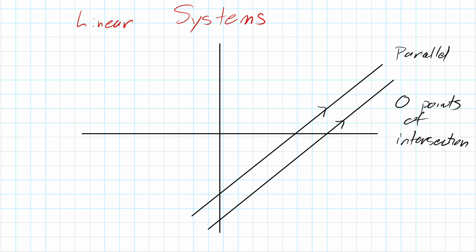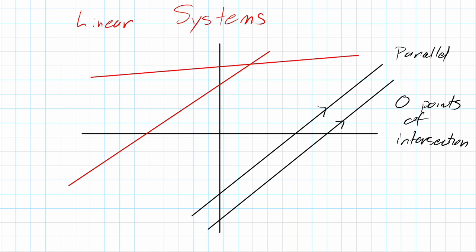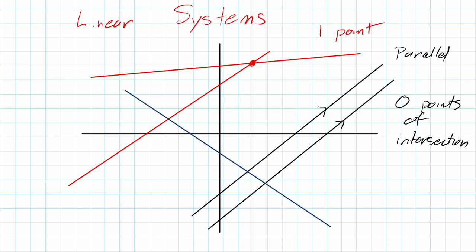Our other system is a system like this, and it's a system that has 1 point of intersection. It'll look like this, 1 point. And then finally, the last system that you could have, we'll do them in blue here, is where I'm going to draw directly on top of each other.